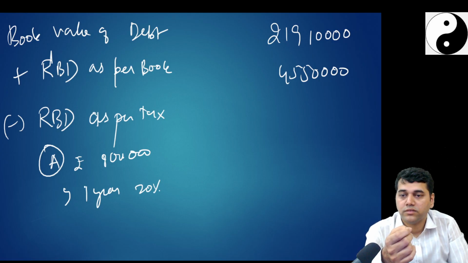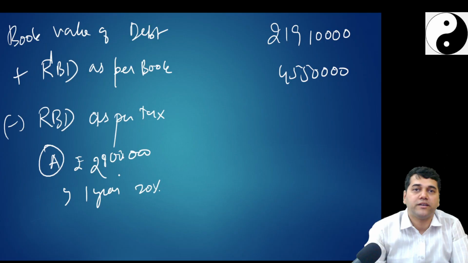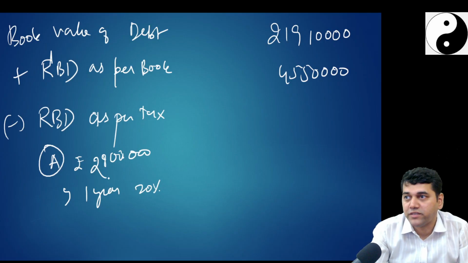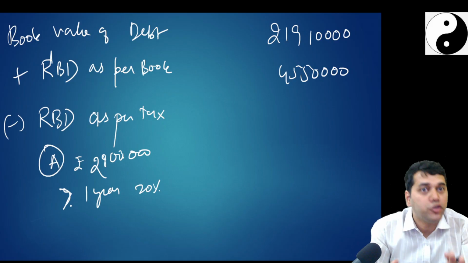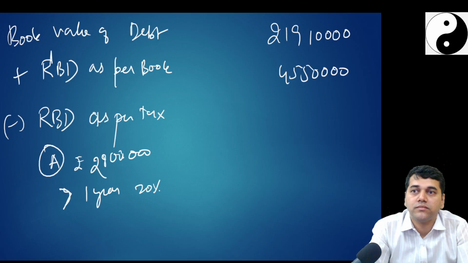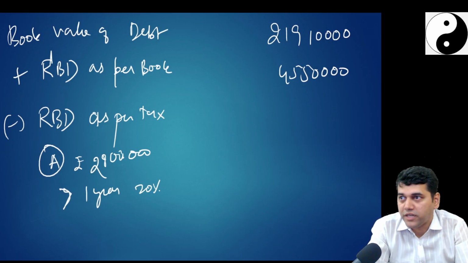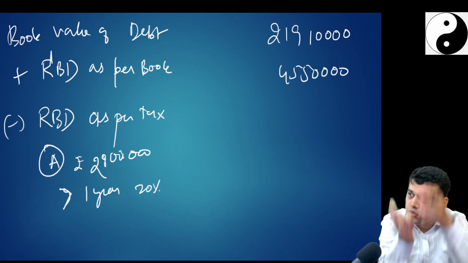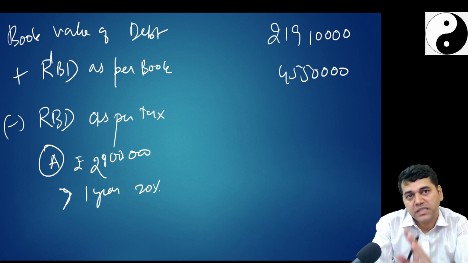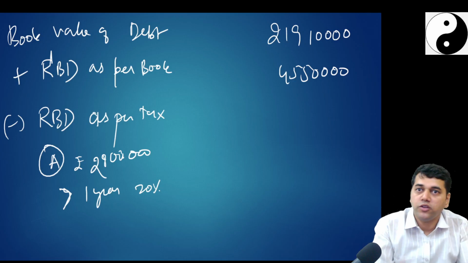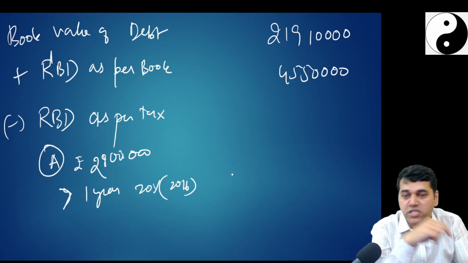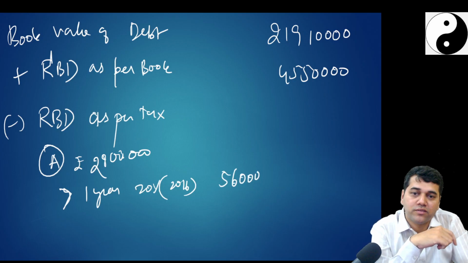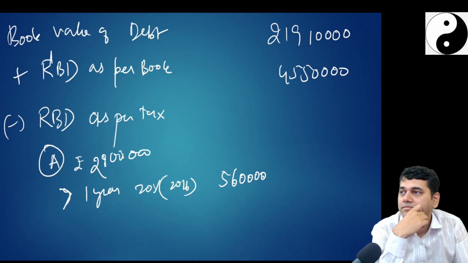In 15-16, did you make any provision? No. Why? Because it was due within 1 year. But the moment he becomes due more than 1 year, you made a provision the first time in 2016, correct? How much? 5,60,000. That you claim.